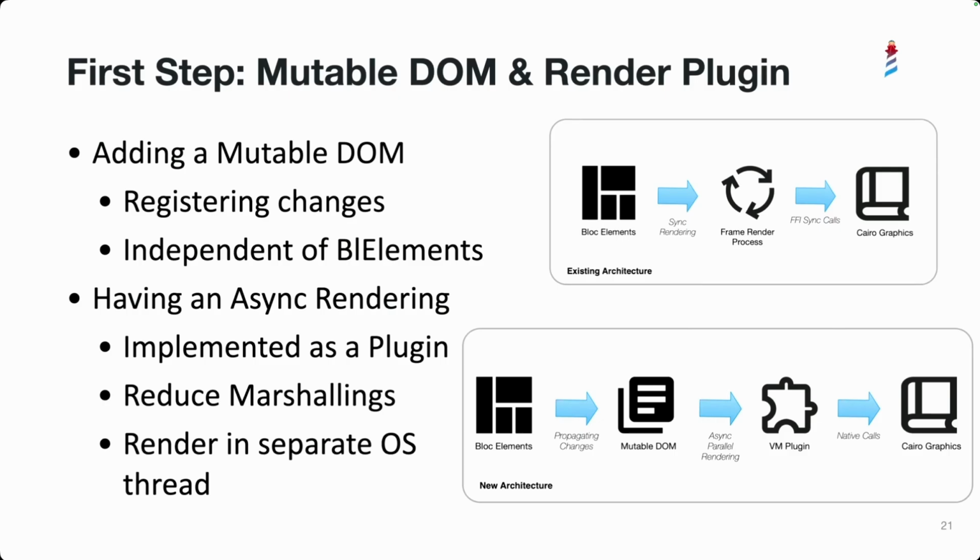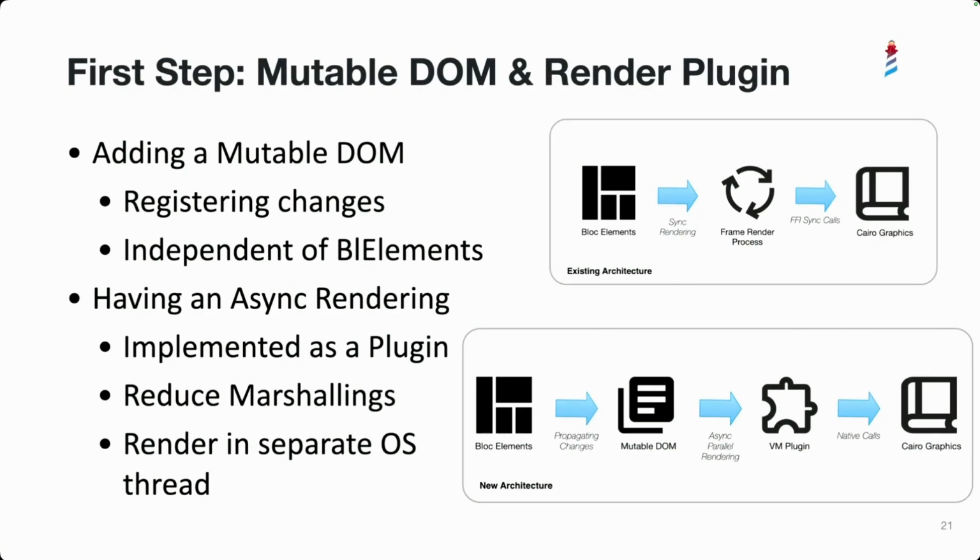It is basically a data structure that we are generating. We can implement it as a VM plugin that will perform the rendering in a separate OS thread, and can render at the same time that we continue drawing and doing Pharo stuff.